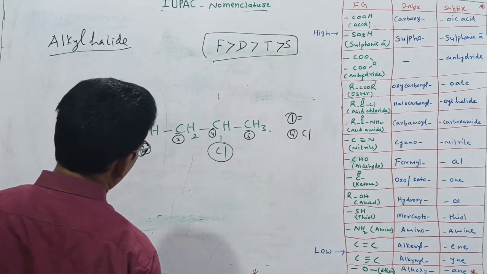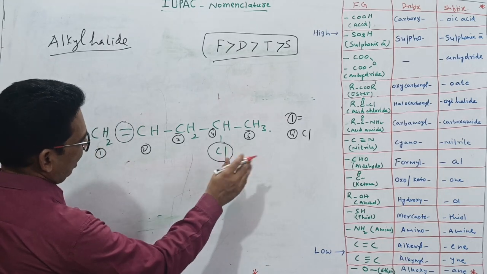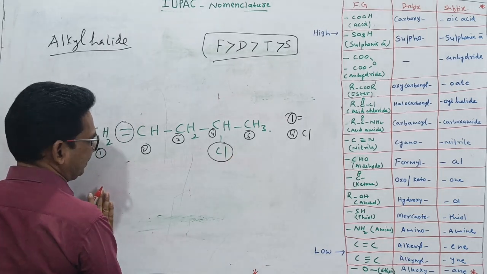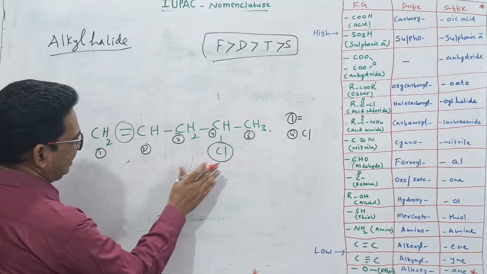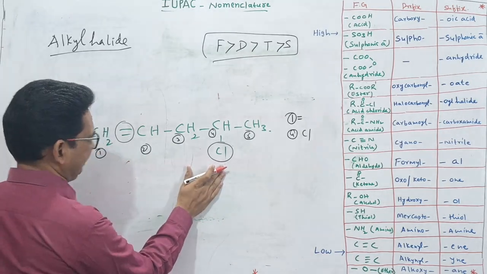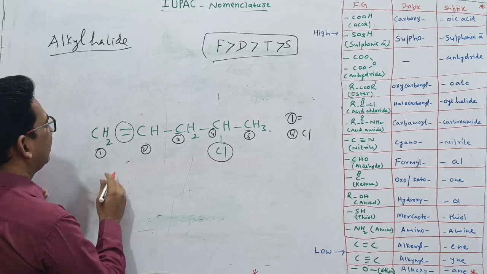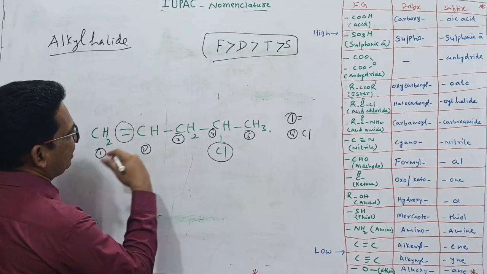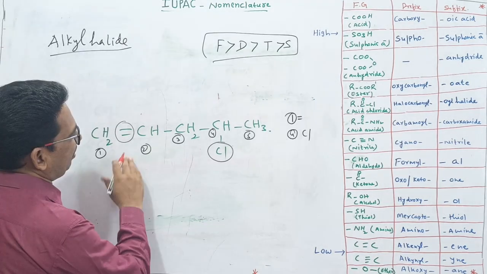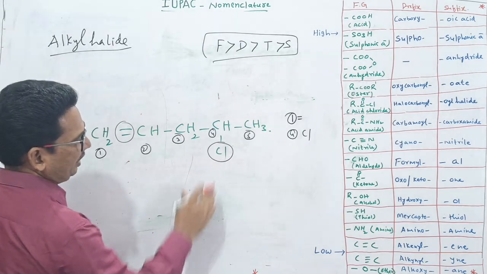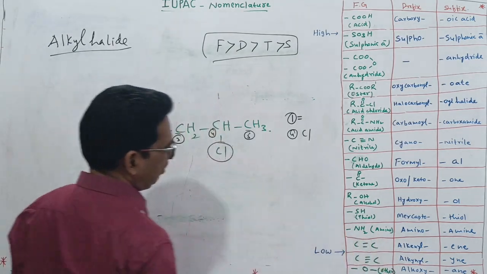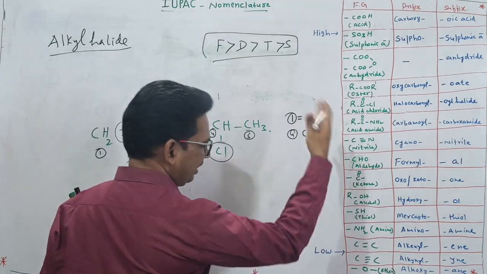Now see, how are we going to give the name for this one? Always the halogen will come first, because we write it as the substituent. Then this one we write as the suffix, because the double bond has more priority than the chlorine. Is any halogen in this list?